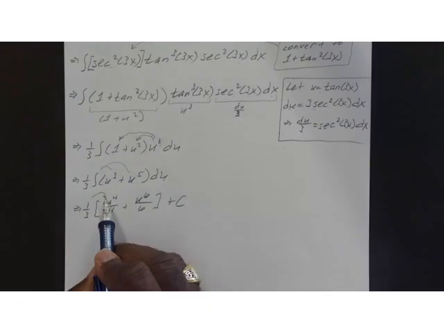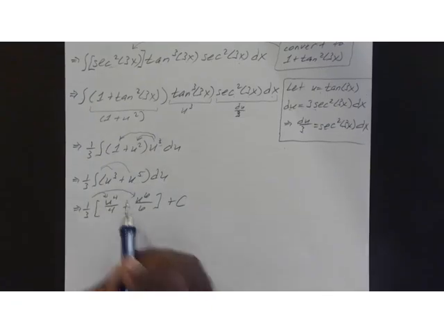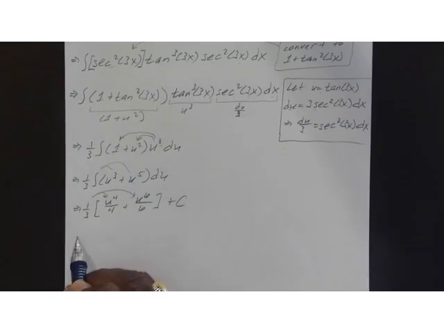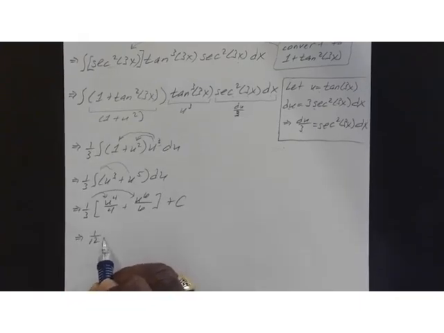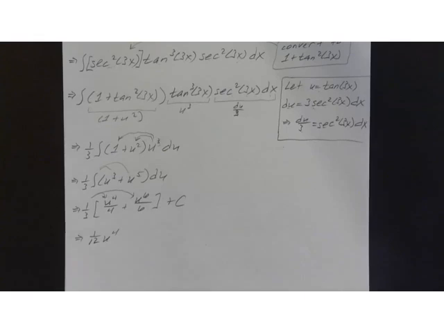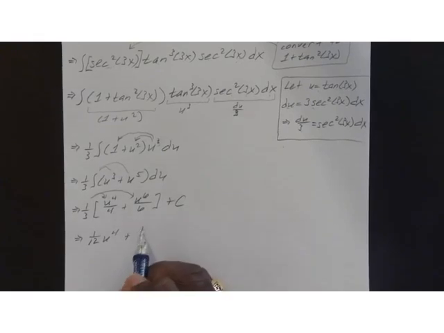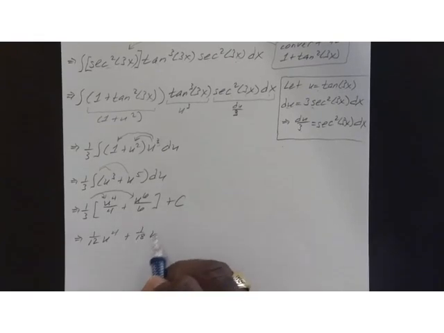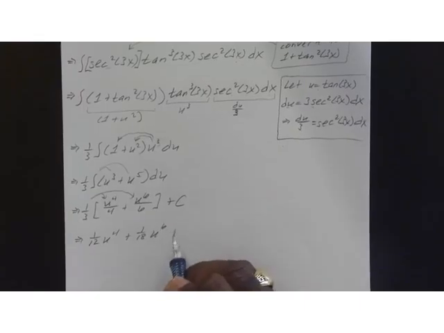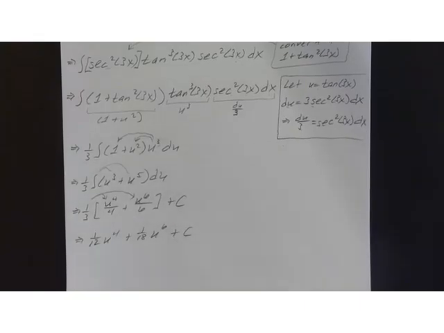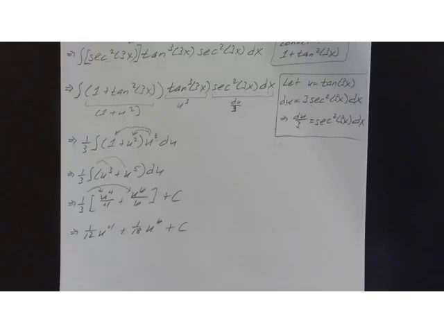So go ahead and distribute that 1/3. That gives us 1/12 u to the fourth power plus 1/18 u to the sixth power plus c.